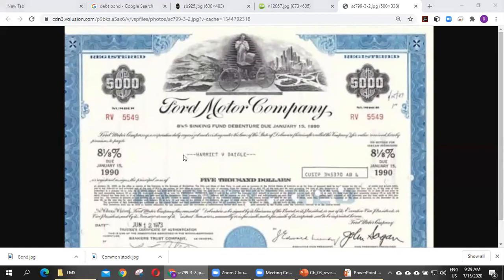It's a bond. Good. What's the face value, the par value? 5,000. Good. What's the rate of interest?